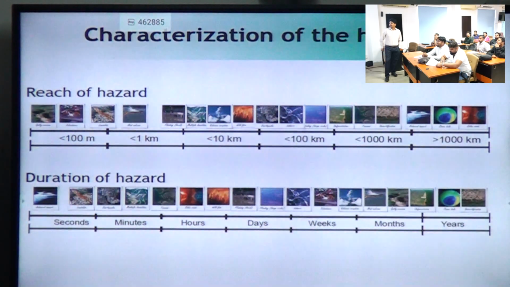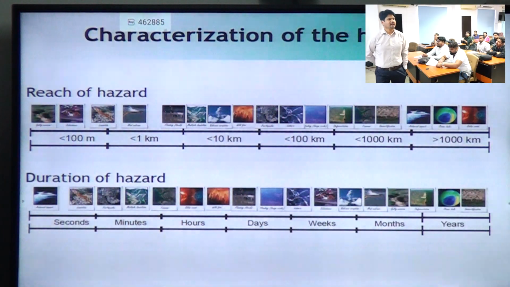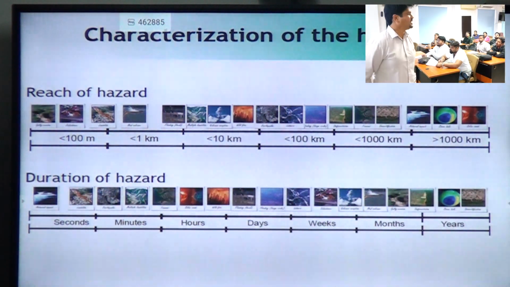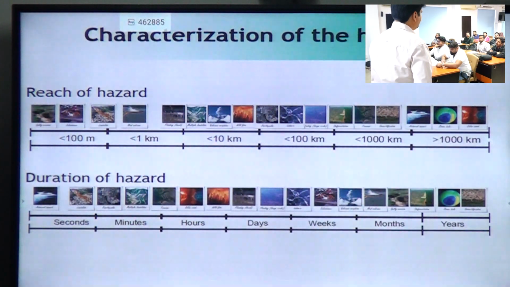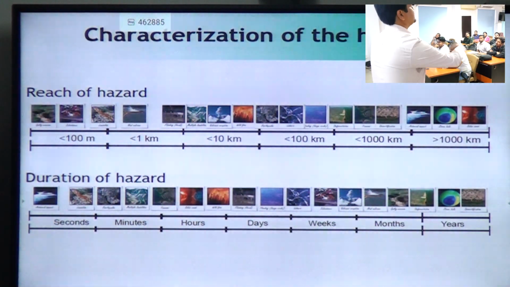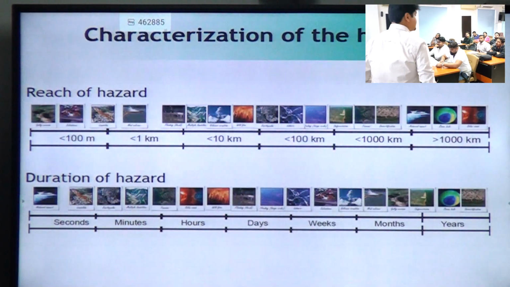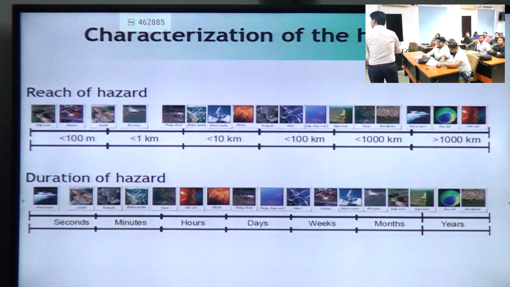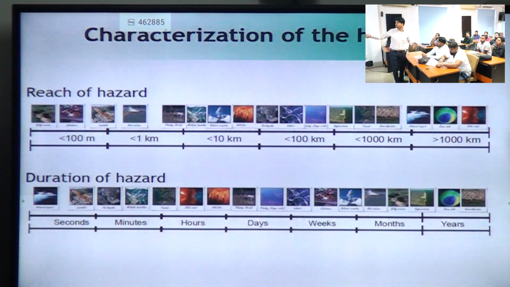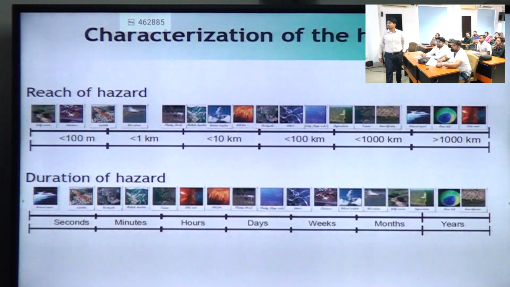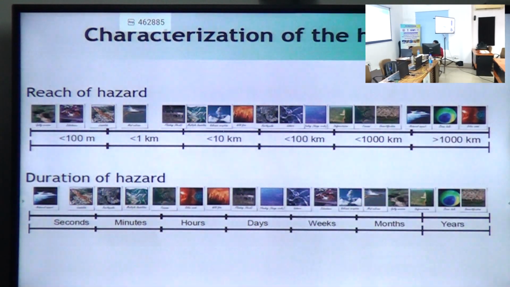Now, let's understand more. Characterization of the hazard: reach of the hazard and duration of the hazard. Duration means time. Reach means the spatial footprint. Some hazards can go in excess of 1,000 kilometers, and some can be very localized. यहाँ पे देखो, wildfire इधर है, you can see the symbol.